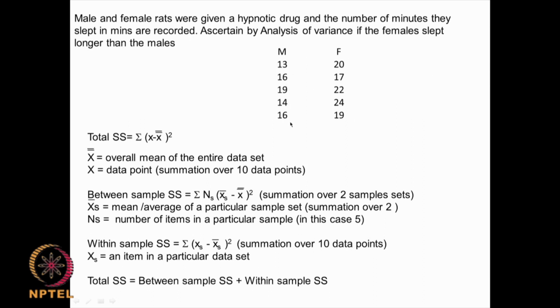So, when I do it for male, I will take the average which I calculated for male, subtract it from the overall mean, square it, then multiply by 5, plus I will subtract the average of the females from the overall mean, square it, then again multiply by 5. Add those, that is called the between sample sum of squares.